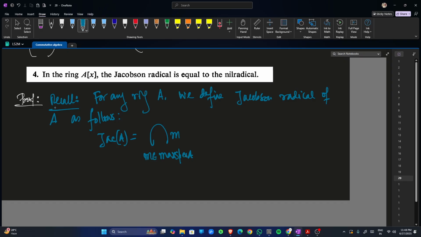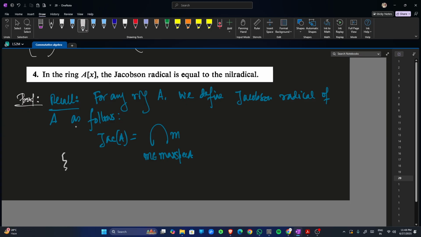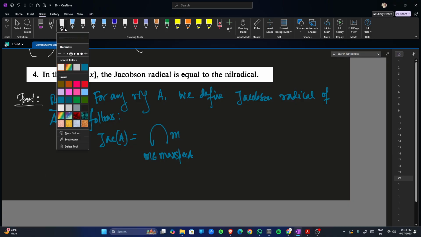Okay, is the color healthy for your eyes, or should I change to any other color? What about this? This is also fine. We can use this. Yeah, ठीक है. Or this. Which color is this? Light gray.